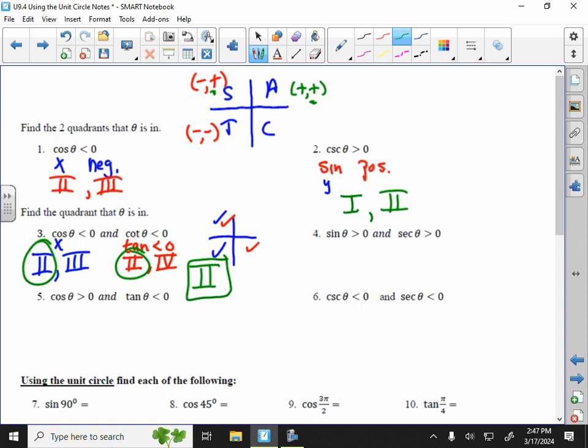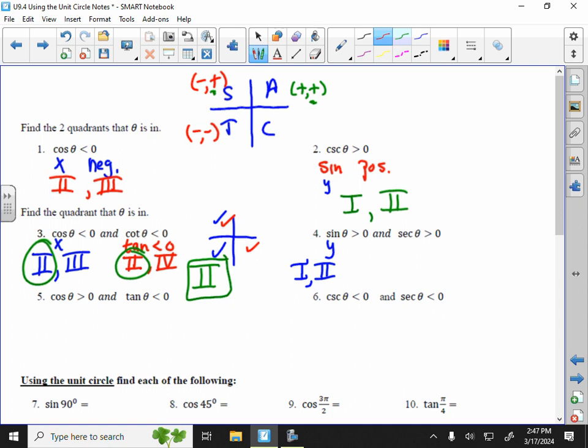All right, question 4. When is sine greater than 0? Sine is the y-coordinate, and greater than 0 means positive. When it's positive, it's easy to look at ASTC. So we know sine is positive in 1, because everything's positive in 1, and also quadrant 2. Secant is greater than 0.